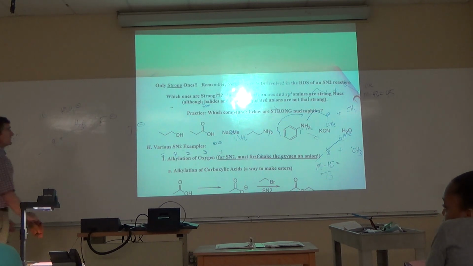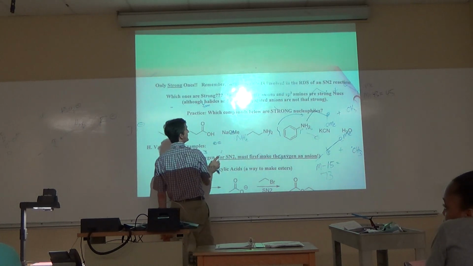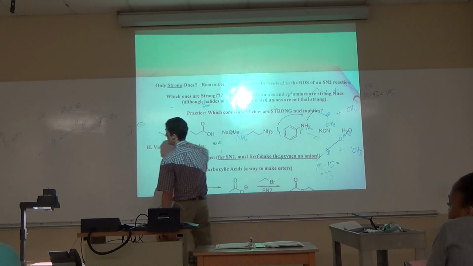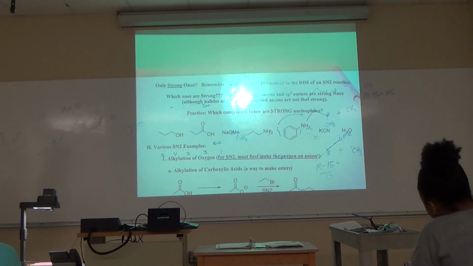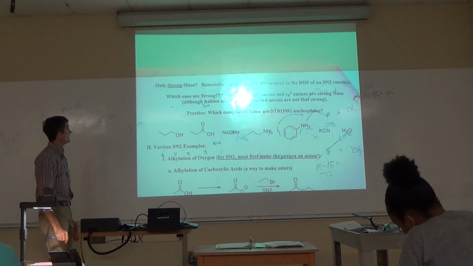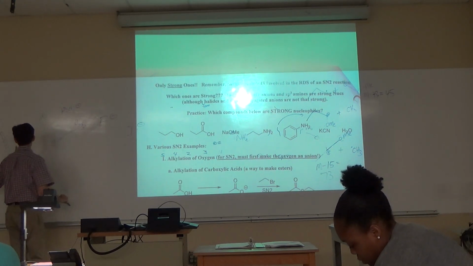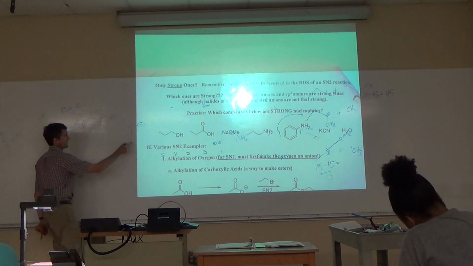Okay? But I thought you said anions were strong. I did, that's the opening statement, but I also told you this. Highly conjugated anions are not that strong. Highly conjugated. Basically, that's why it never attacked. Halides, okay?